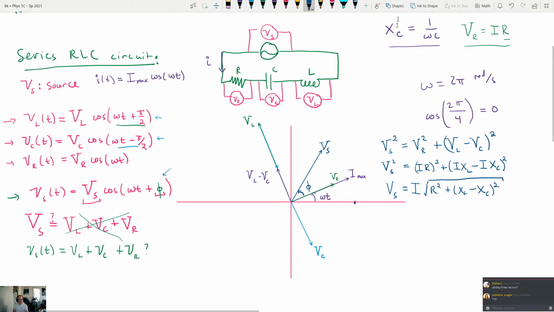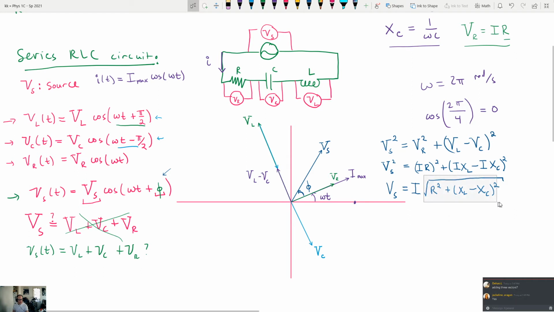I kind of did two steps at once there. I factored out the I from every term, and it's I squared, but when you square root both sides, it just becomes this expression right here. Everyone okay with that? Yep.